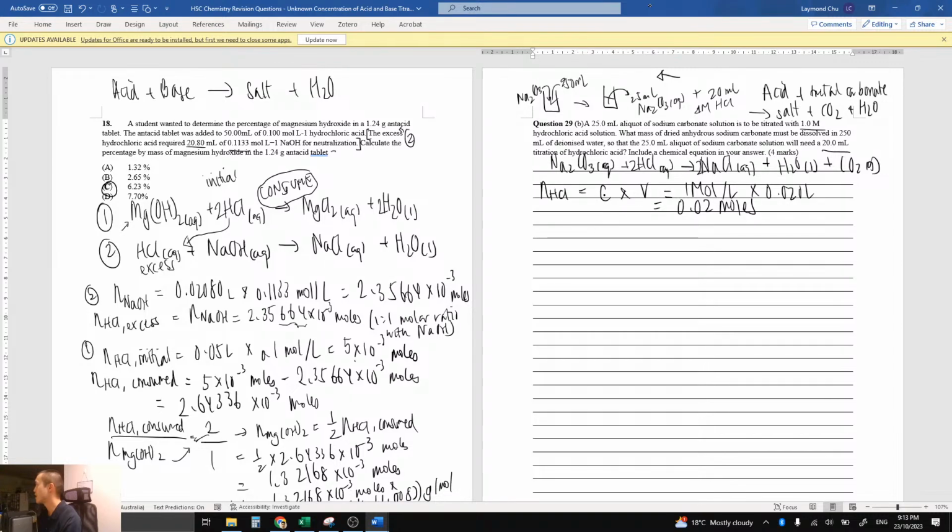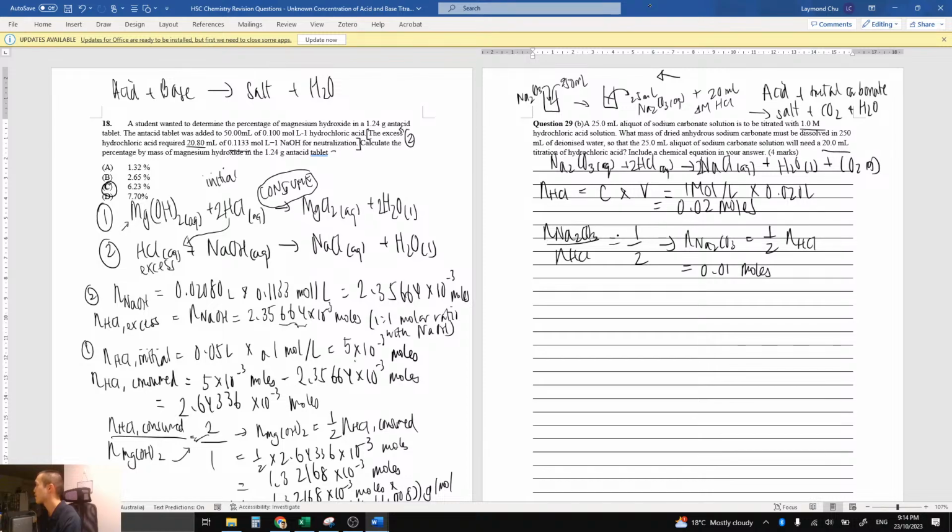Now, we use our molar ratios to find the moles of sodium carbonate. The coefficients in front of these are 1 to 2. So that means n of Na2CO3 is equal to half the moles of HCl, which is 0.01 moles.